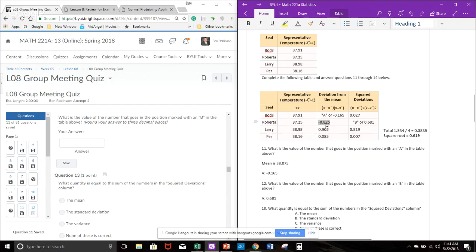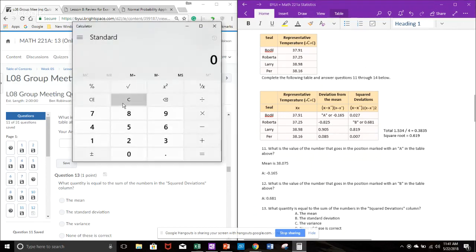Oh, that's what I did wrong. Yeah, I rounded. Did you do this manually or were you using the spreadsheet? I did it manually. Okay, so I think it all started with what your mean was. That's probably just off because you had 38.08.